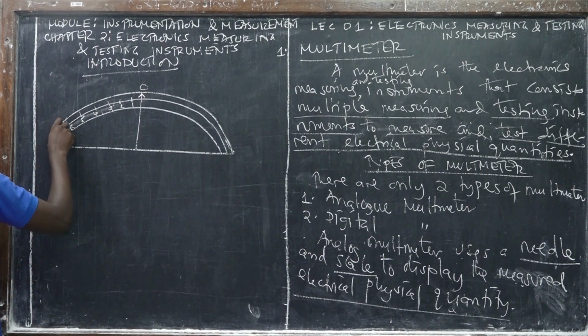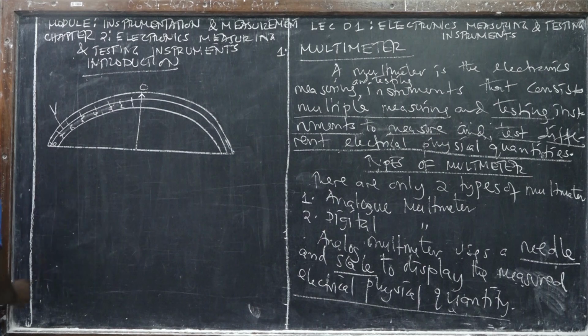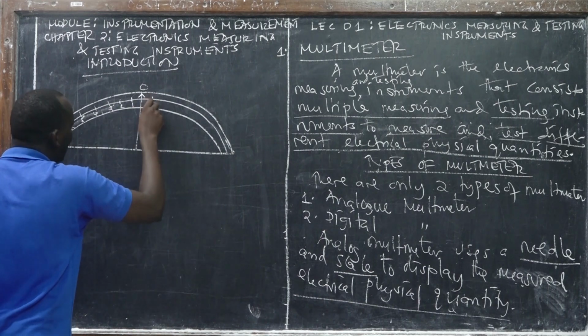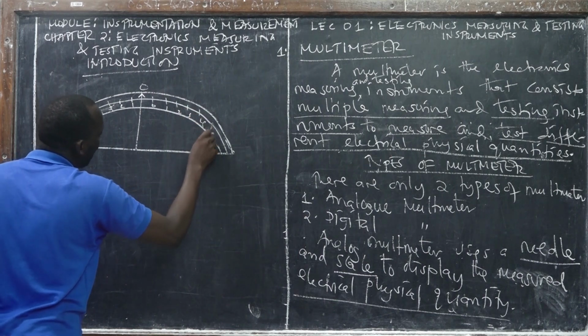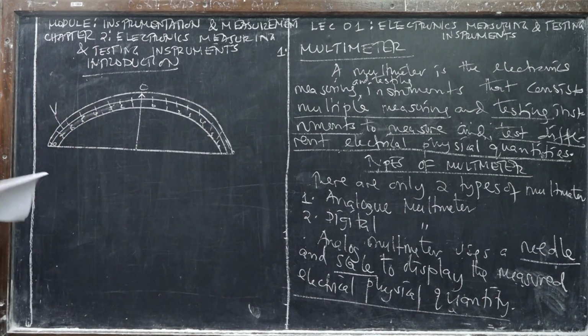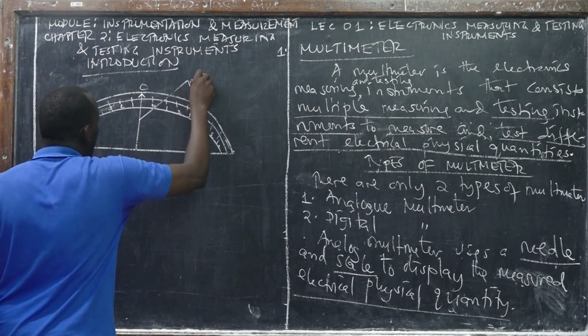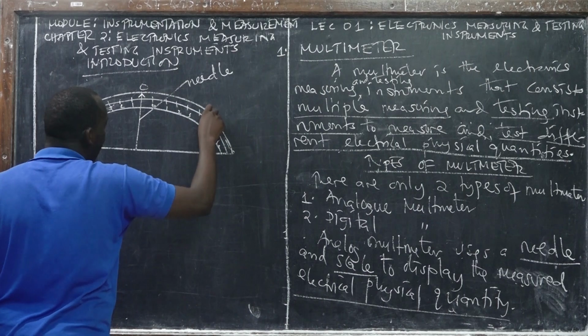Let's say this is a voltmeter. On this side we have 0, 1, 2, 3, 4, 5, 6. So this is the needle and this is the scale.